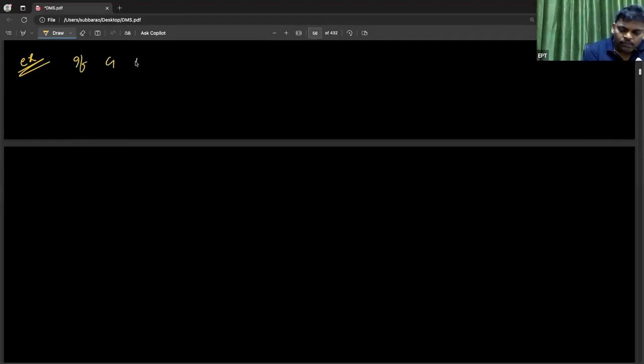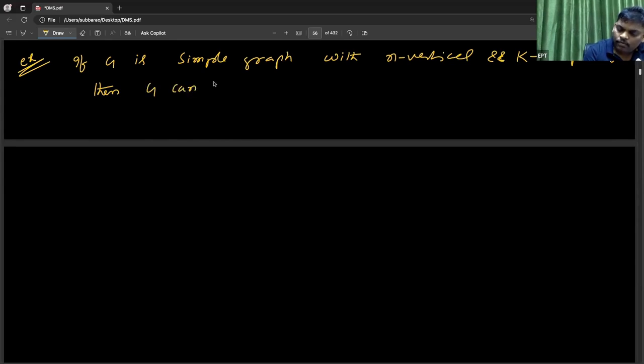If G is a simple graph with n vertices and k components, then G can have at most edges.